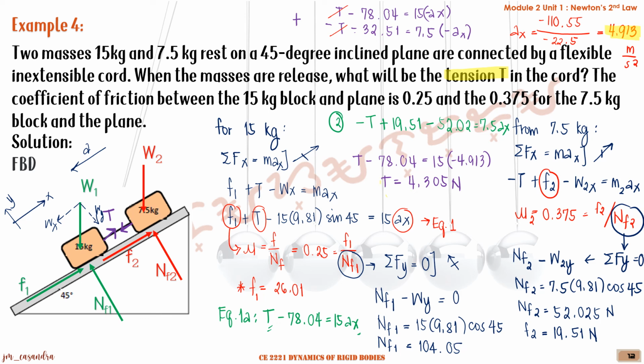The tension is this one. Okay? So if you use the second equation, you should also arrive at 4.305. So we have 32.51 minus 7.5 times ax.